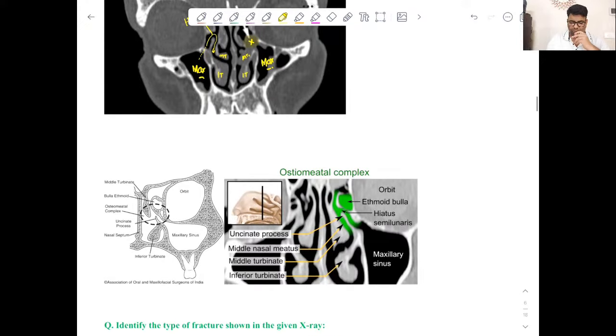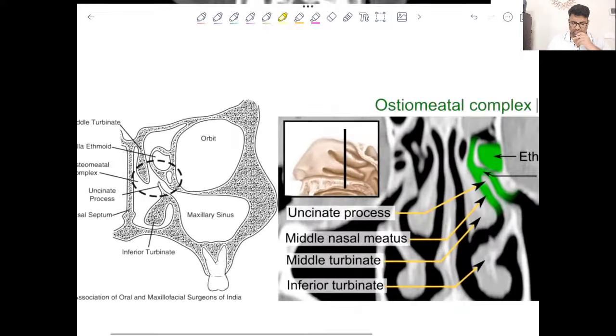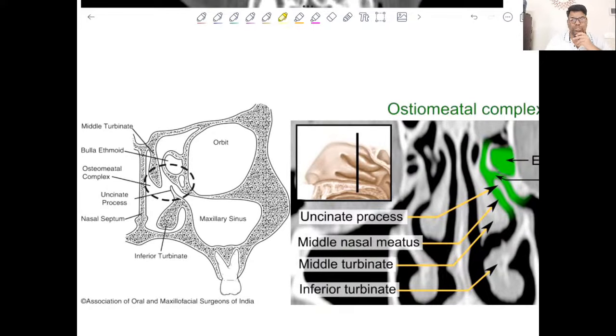Now I have taken a few images just to simplify things. So we are discussing the structures of the left side. So firstly I'll draw the maxillary sinus, which is clear to all. So this is the maxillary sinus. Okay, now this one is the inferior turbinate.